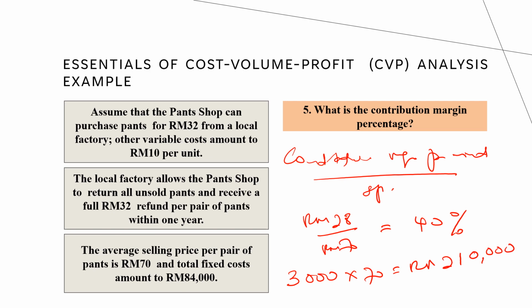And then the contribution margin is 40% times this figure, and then you can get 84,000 ringgit Malaysian. So this is how it can be calculated in terms of the percentage. Okay.